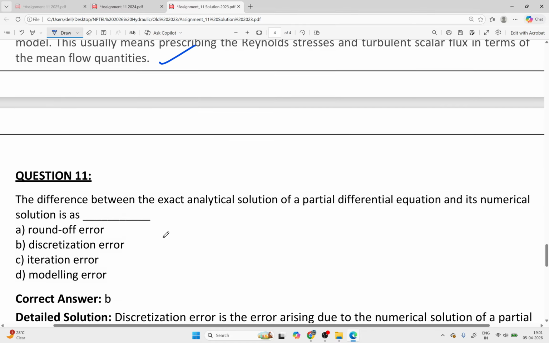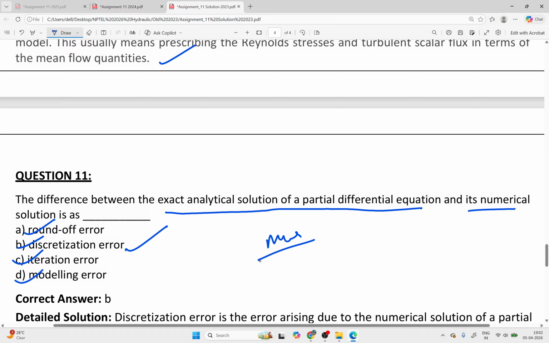Next question. The difference between the exact analytical solution of a partial differential equation and its numerical solution is: round off error, discretization error, iteration error, or modeling error. So it will be discretization error. We have to be very careful about mesh sensitivity analysis if we are going to solve a particular problem.